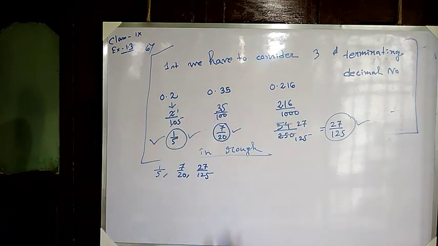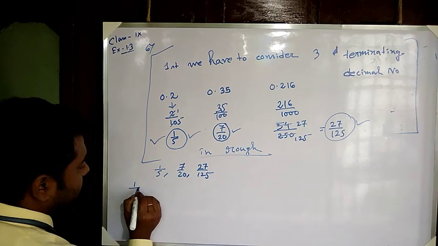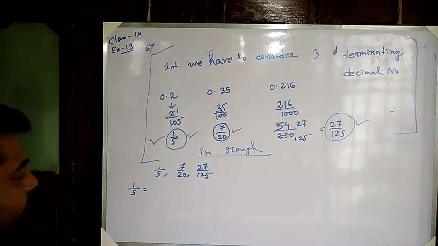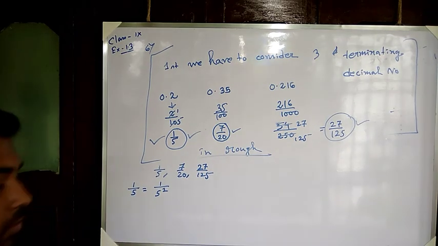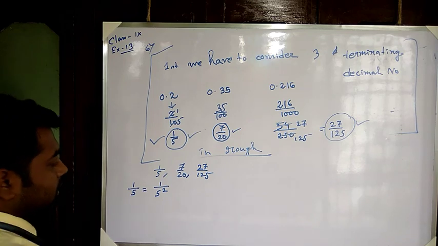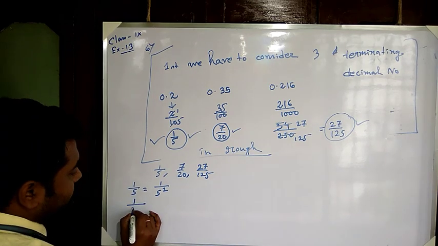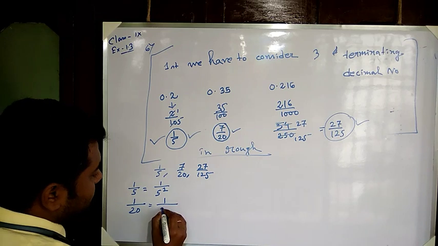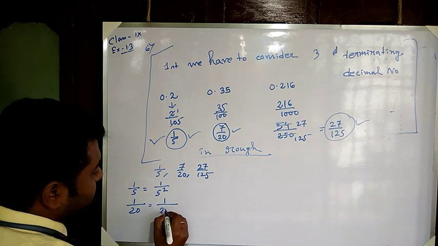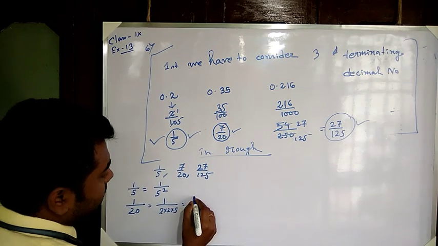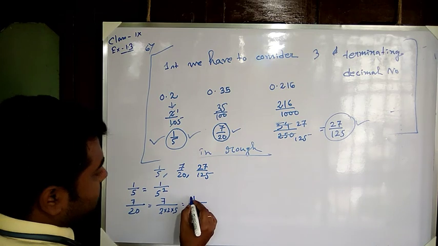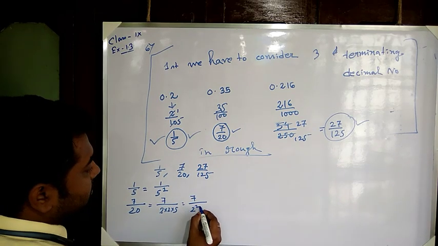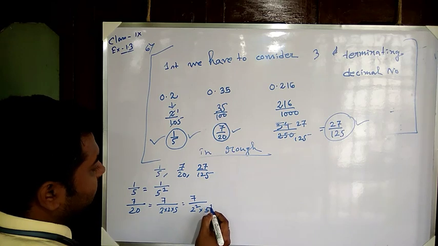Basically this portion is your back calculation. So now I am going to represent 1 by 5 as 1 by 5 to the power 1. Can we write? Yes. Next line, 7 by 20 equals 7 by 2 into 2 into 5, equals 7 by 2 square into 5 to the power 1.